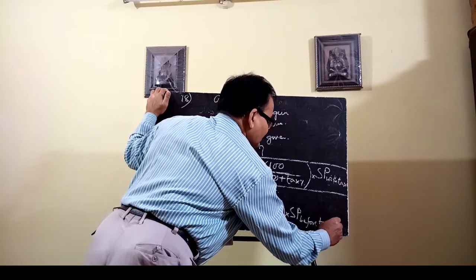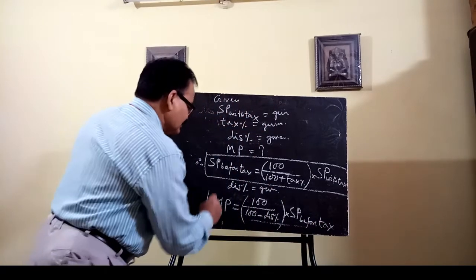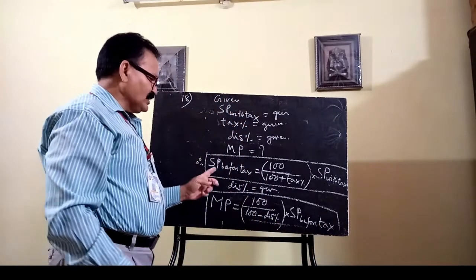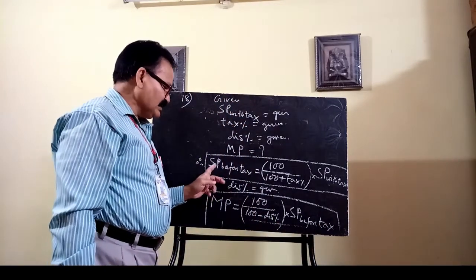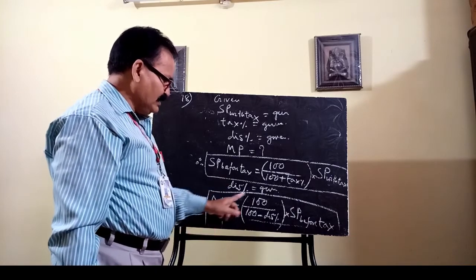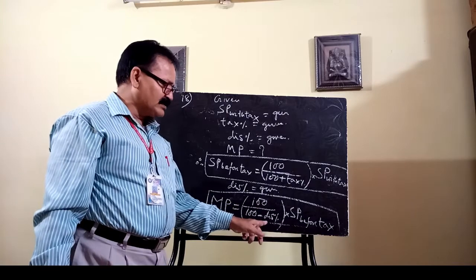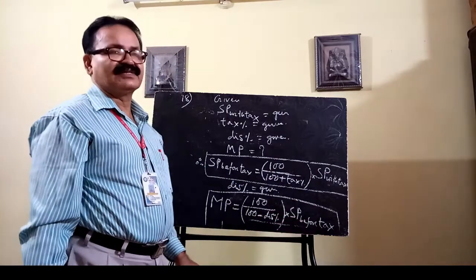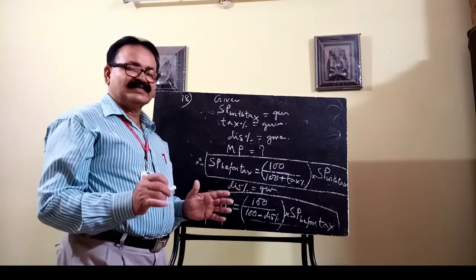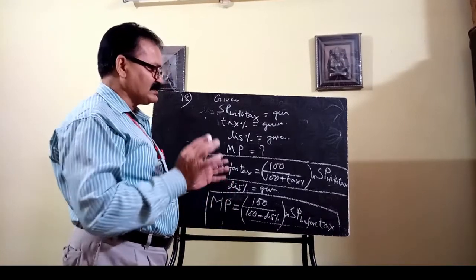Okay, in this way, these are the steps. You first find SP before tax, then discount is given, then MP can be calculated by 100 divided by 100 minus discount percent into SP before tax. Okay, these are the formulas that will help you to solve the exercise.